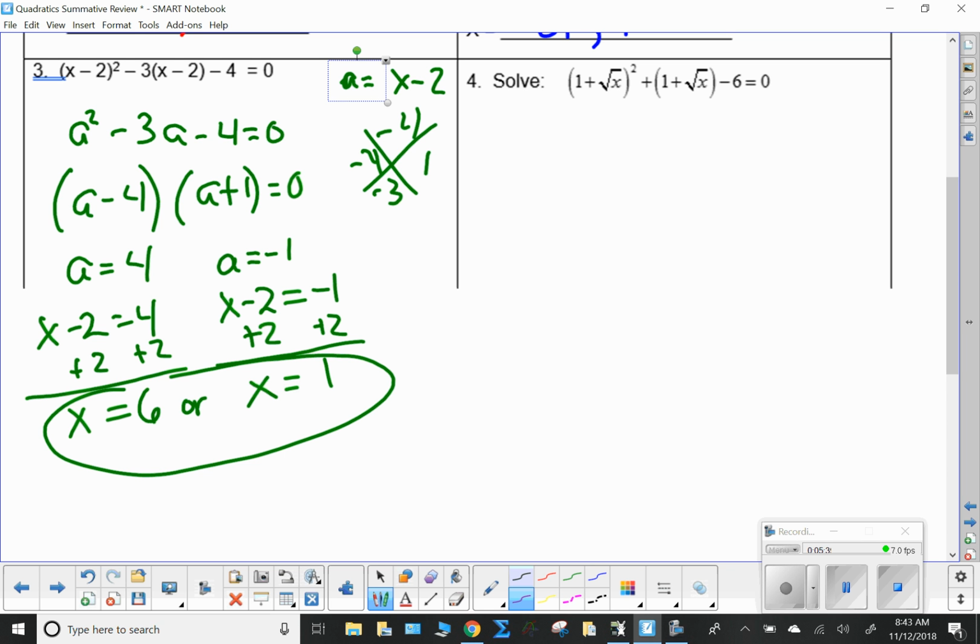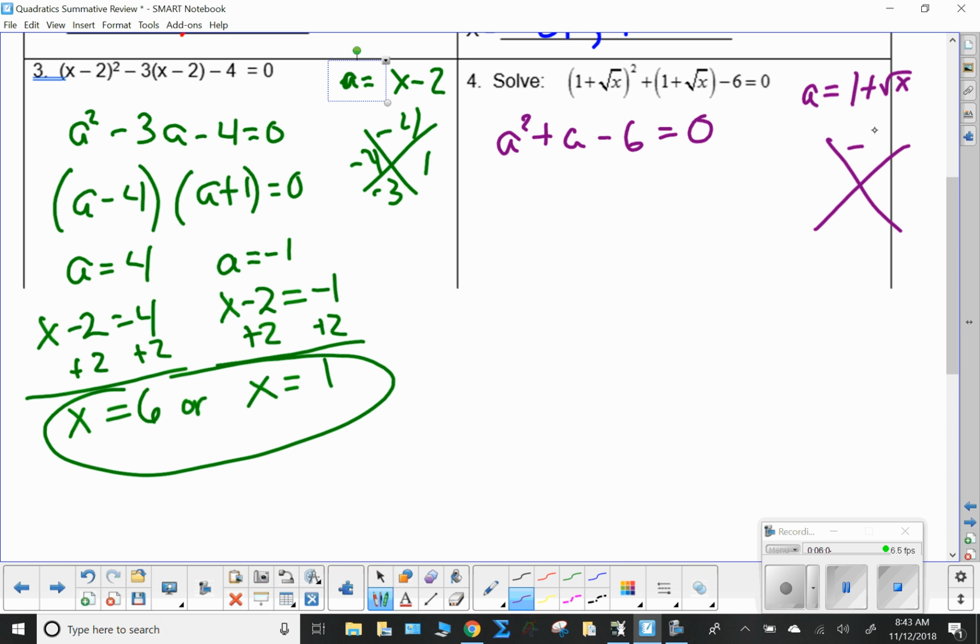Number 4 just looks uglier, but it's not so bad. We get a is equal to 1 plus the square root of x. Whatever this expression is, I'm just going to let it be a, because it's the expression squared, and then it's the expression. So now you have a squared plus a minus 6 is equal to 0.